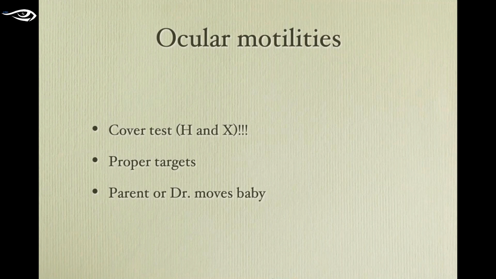Now, if there is a recent onset of an insult to the oblique muscles, you get a really robust response. Well, what happens after it's been present for a long period of time?